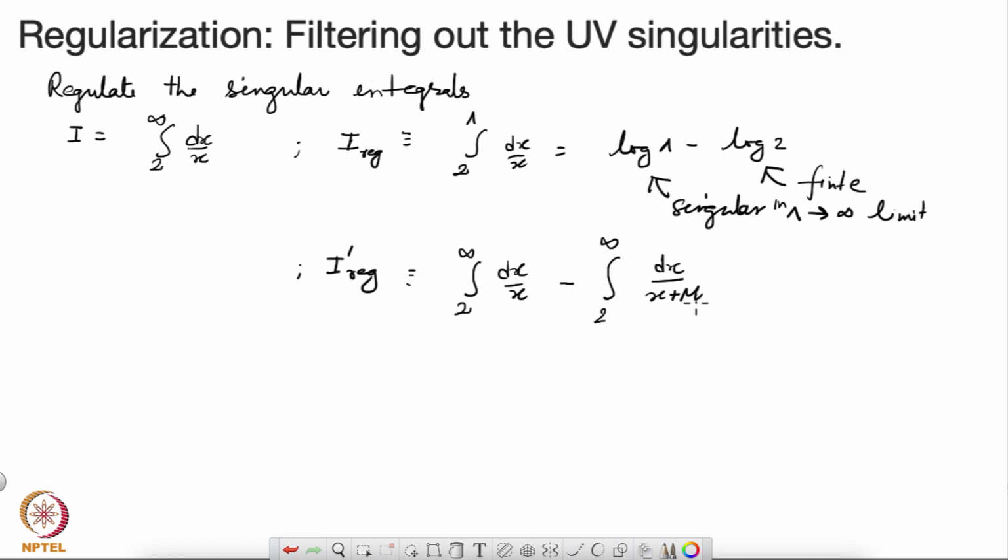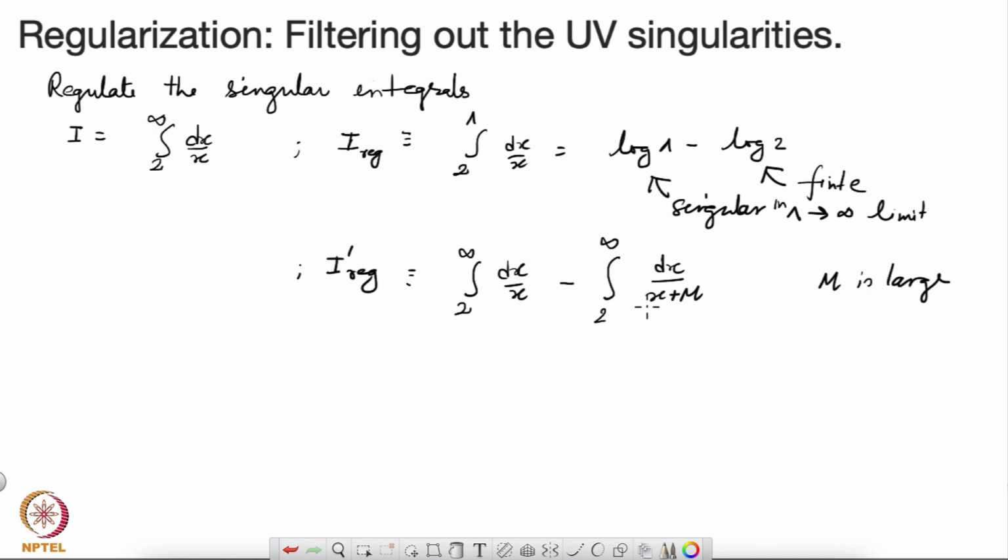But here what I have done is I have introduced a cutoff m. m is a large number, large but finite.